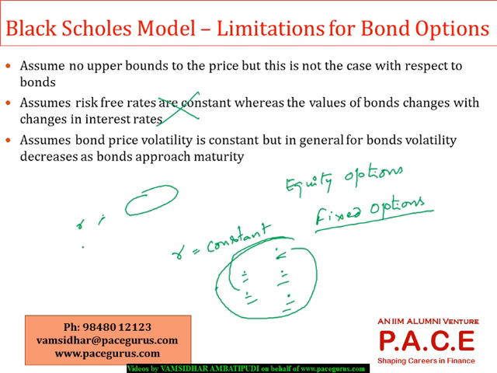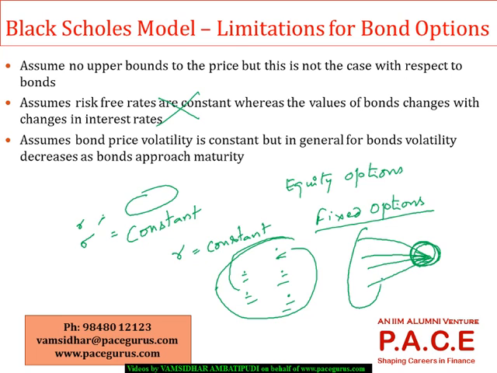And the Black-Scholes model has also assumed that sigma, the volatility of the prices, is constant across the period of that particular derivative security. Whereas what we observe with respect to fixed income securities is, because they have a maturity period, when they are approaching closer and closer to the maturity, we see that their volatility comes down drastically.